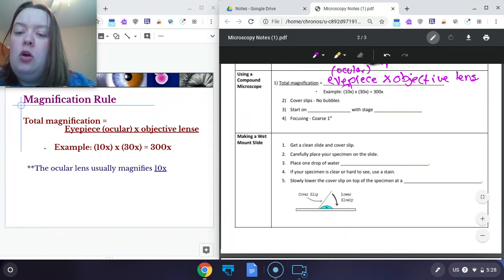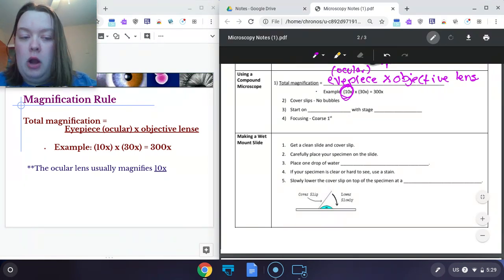The magnification of the eyepiece is always 10 unless it says otherwise.